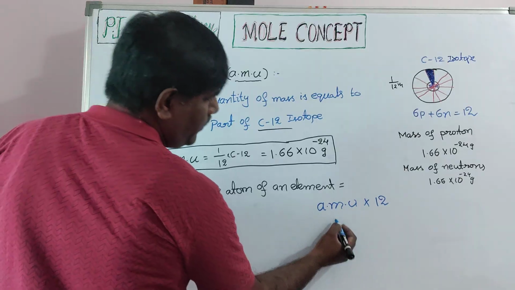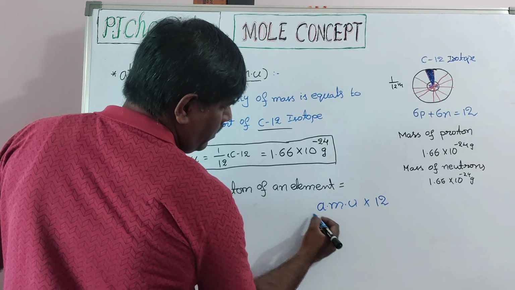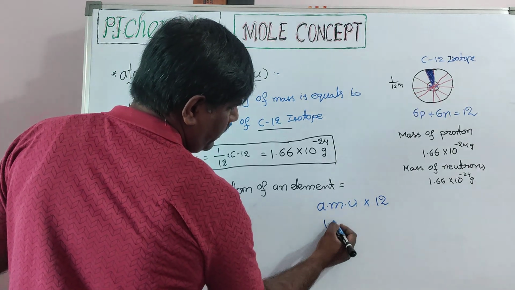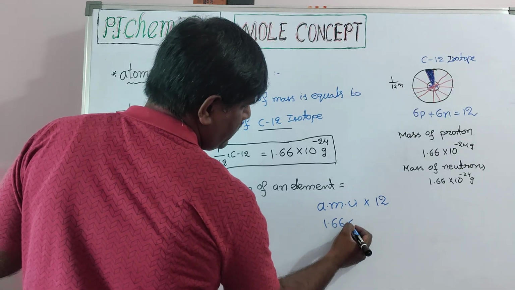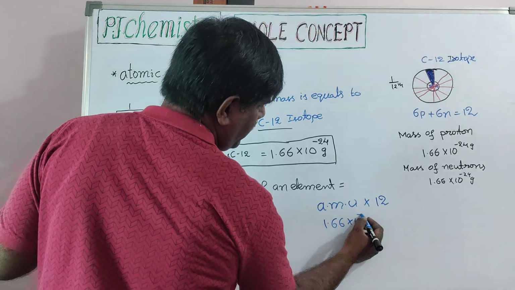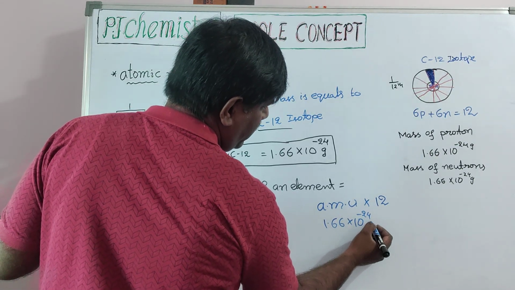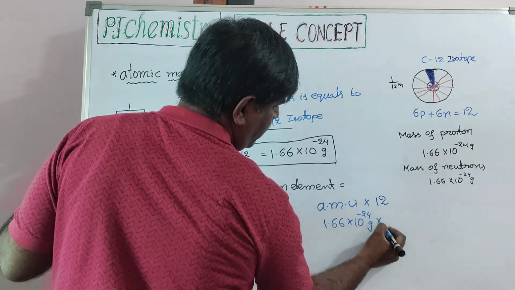So instead of AMU, we can write 1.66 into 10 to the power of minus 24 grams into 12.